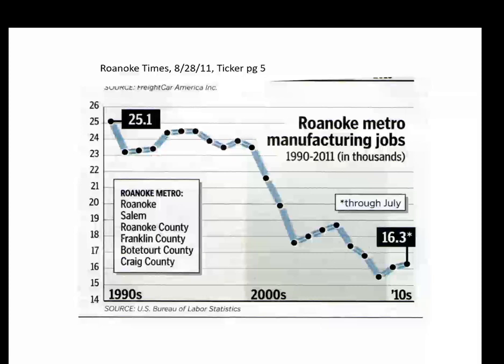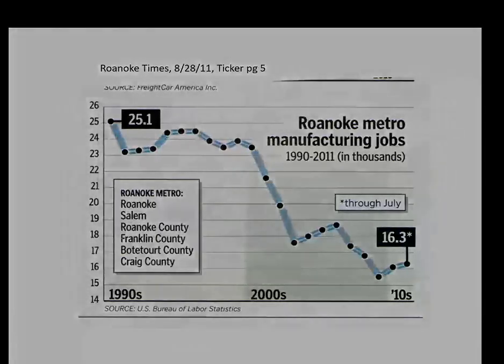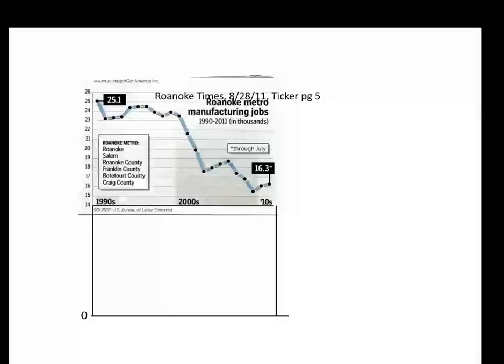The y-axis, however, starts at 14,000. This graph shows the y-axis extended to 0. There is still a decline in manufacturing jobs, but the decrease is not as large as the original graph implies. But wait, there's more.